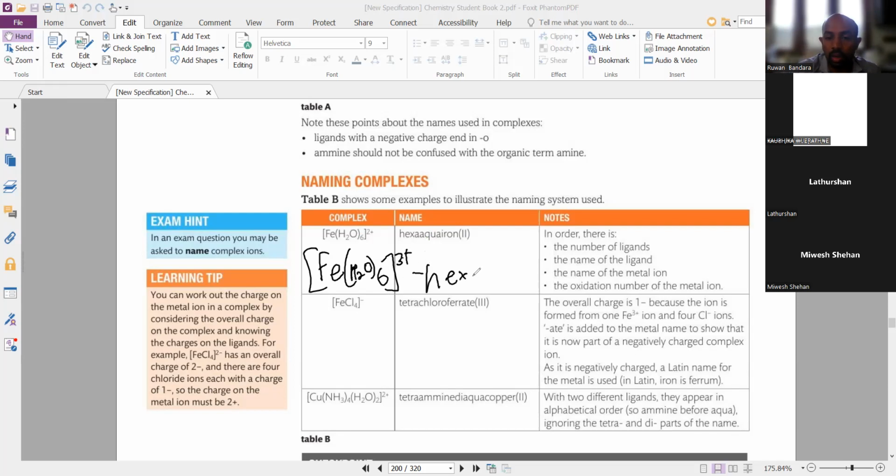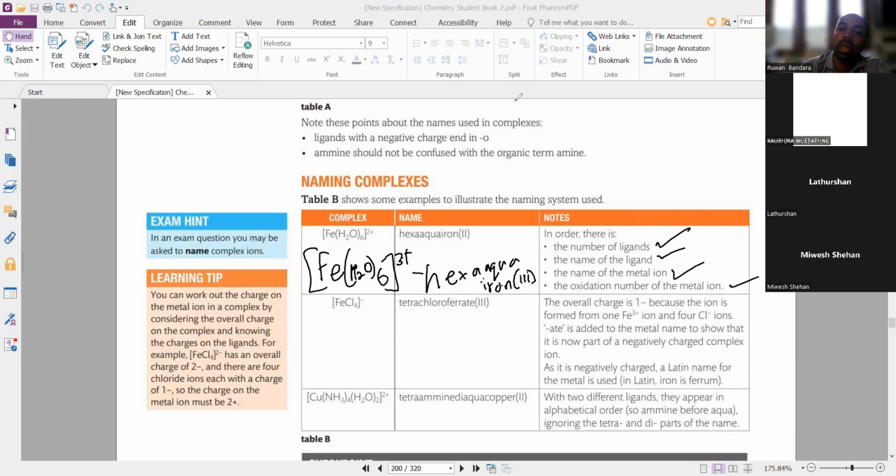Hexaaquairon(III). Therefore, this is the order: number of ligands, name of the ligand, name of the metal ion, oxidation number of the metal ion.